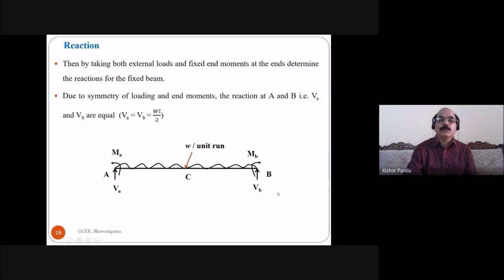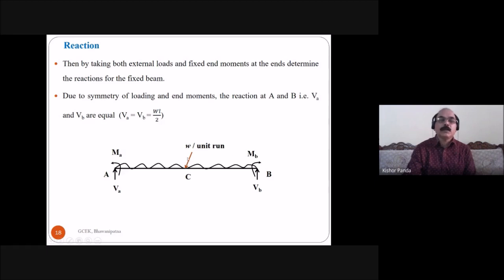VA plus VB is equal to W into L, the total load, since W per unit run acts throughout the span. So VA plus VB is equal to WL, then VA is equal to WL minus VB. VB is WL by 2, so WL minus WL by 2 is equal to WL by 2. So this is the reaction at both ends.